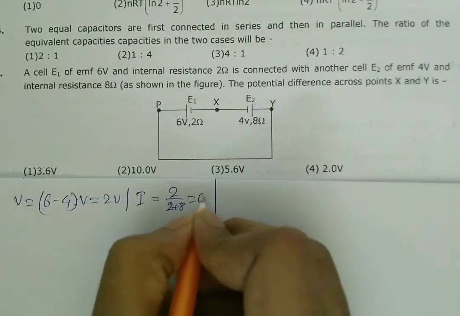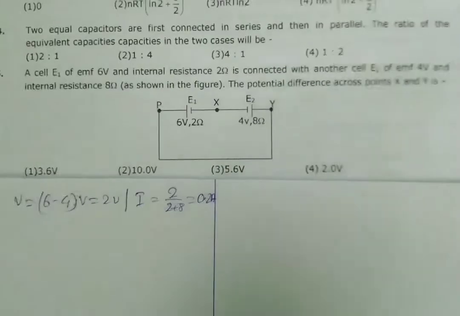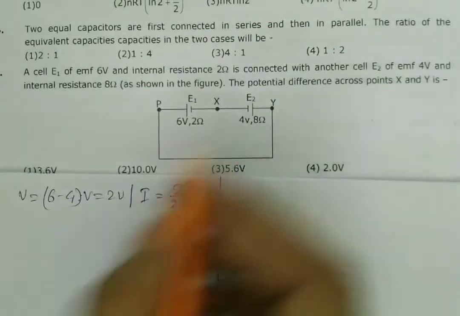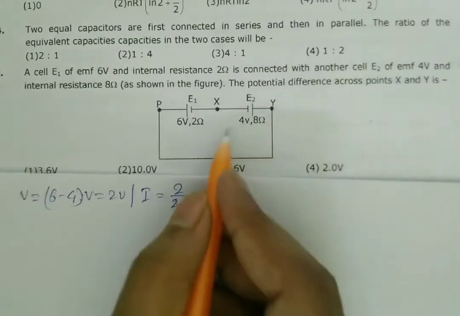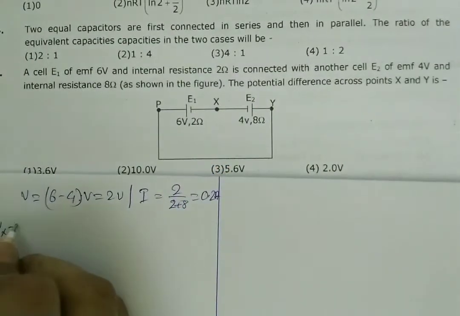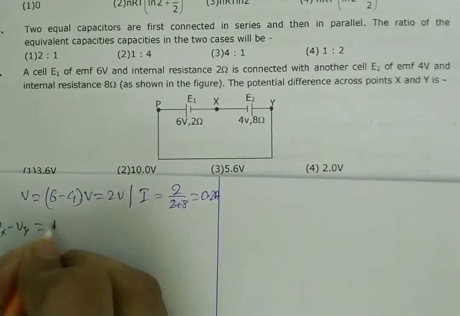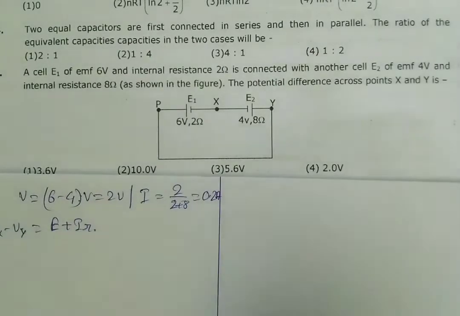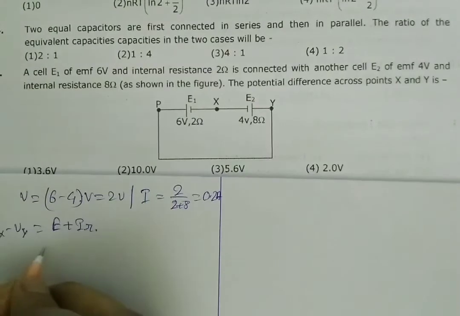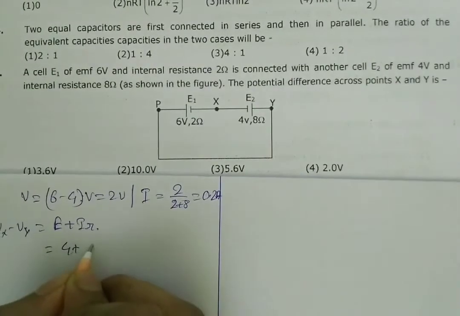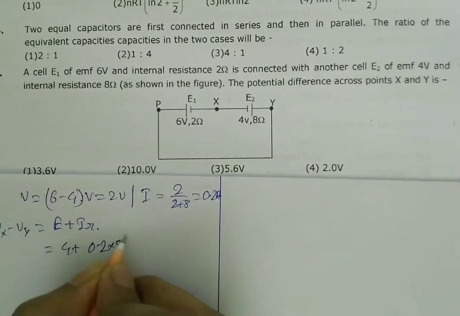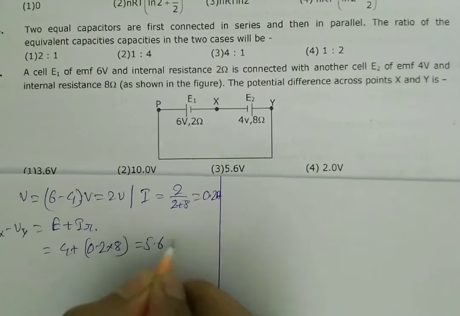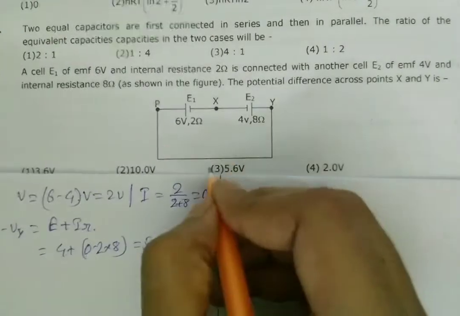So the answer is 0.2 ampere, and we have to find the potential difference across X and Y. So Vx minus Vy will be equal to E plus IR. It is plus because the current is supplied from the external source. So this is 4 plus 0.2 into 8. This will be equal to 5.6. So option 3 is the correct answer.